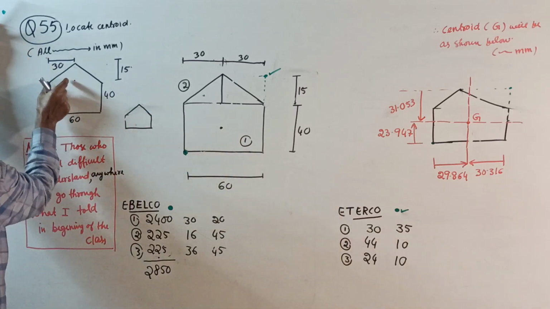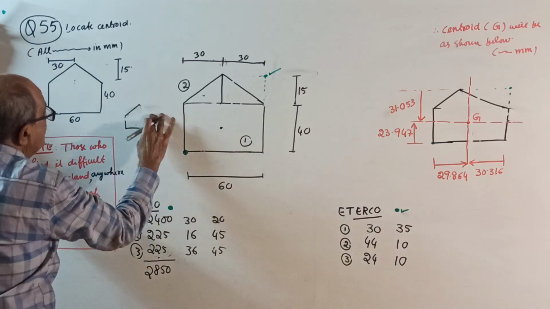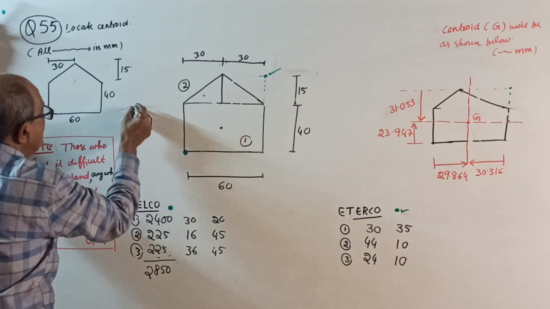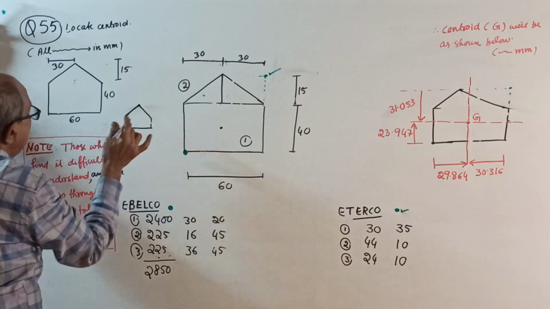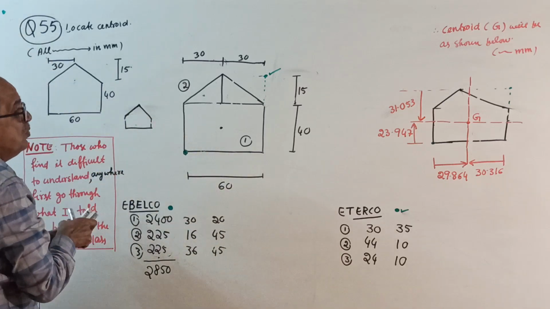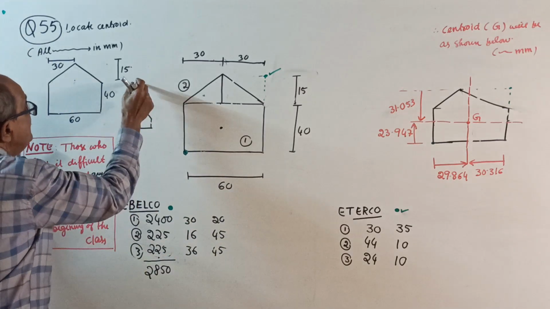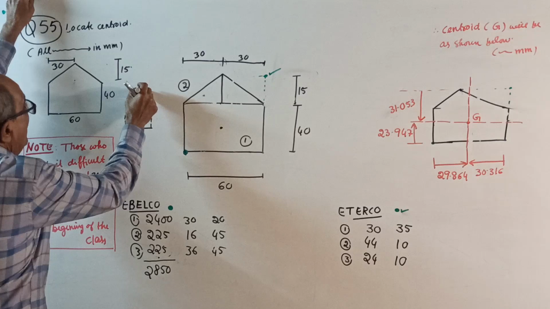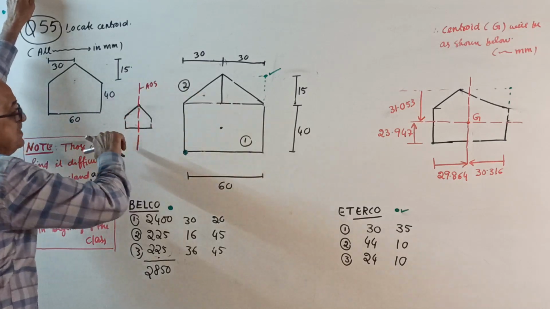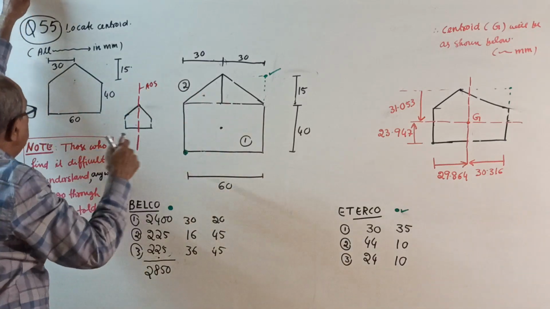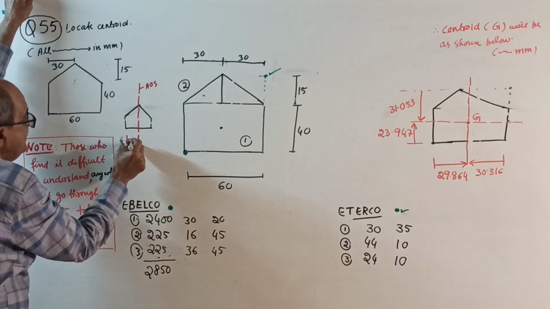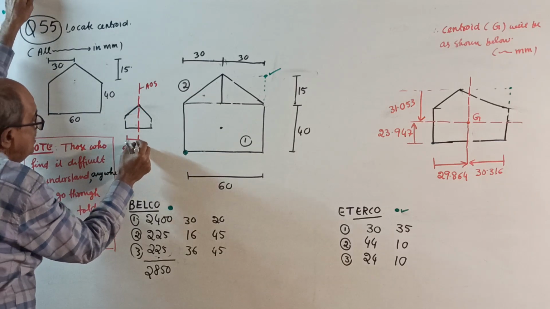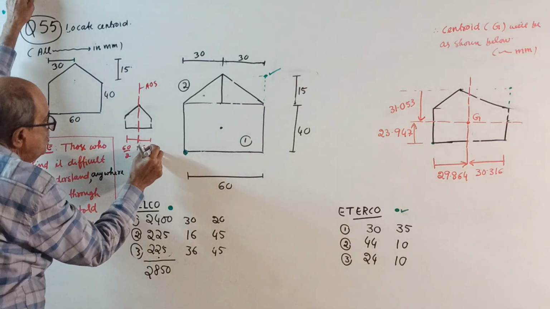See, 30, 30, both are equal, correctly it should come here. Therefore, fortunately, this is the axis of symmetry. So this time, this distance is known. If it is 60, this is 60 by 2 and this is 60 by 2.